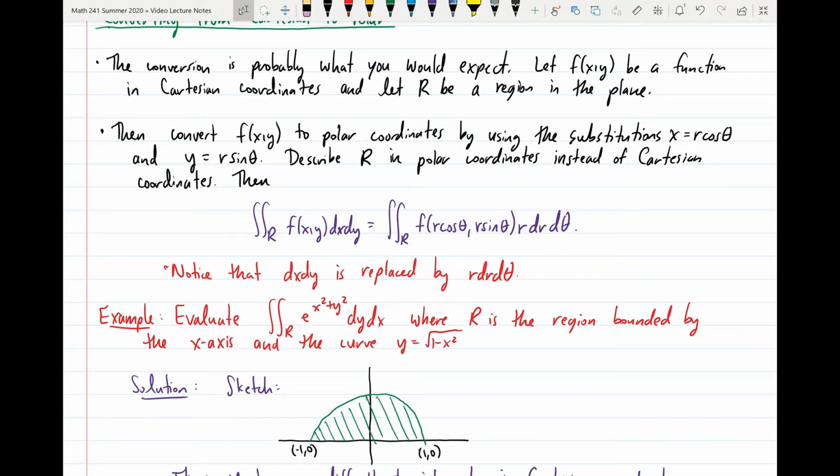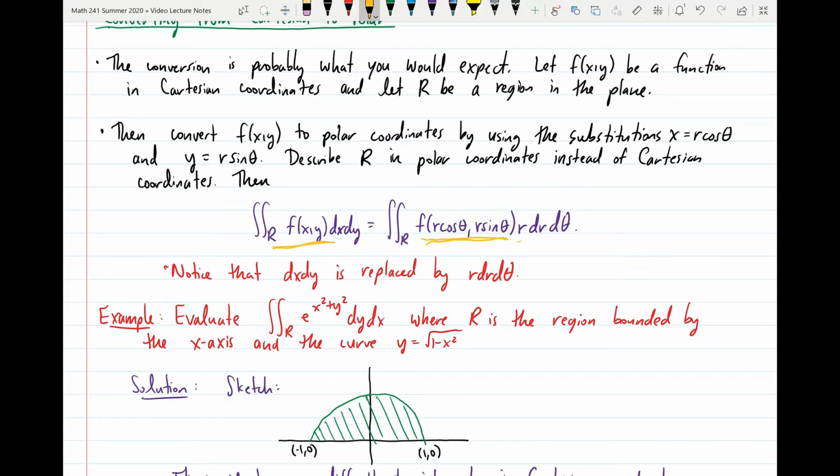And once we've done that, then we can write the double integral of f of xy over the region R is equal to the double integral of f of r times cosine theta, r times sine theta. So here we've taken x and replaced it with r cosine theta. We've taken y and replaced it with r sine theta.